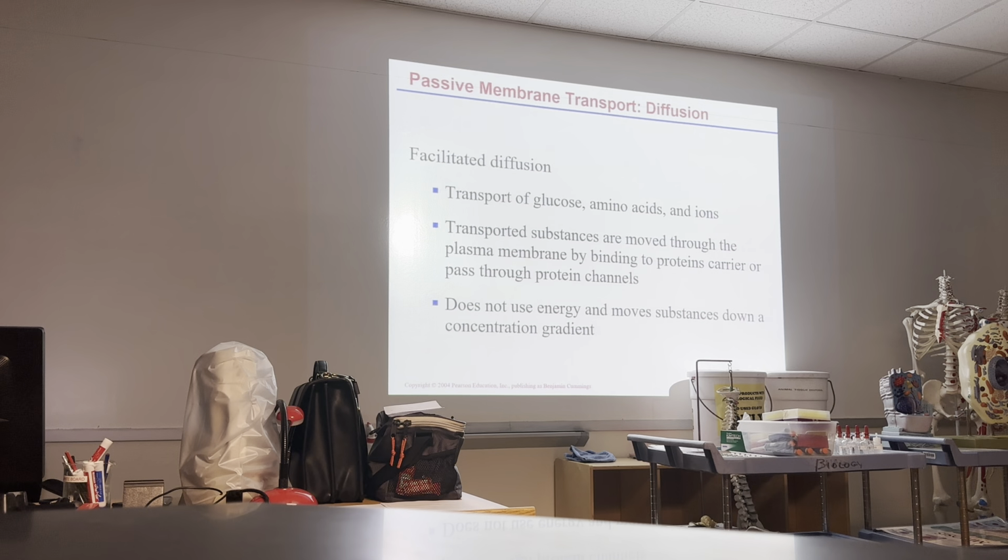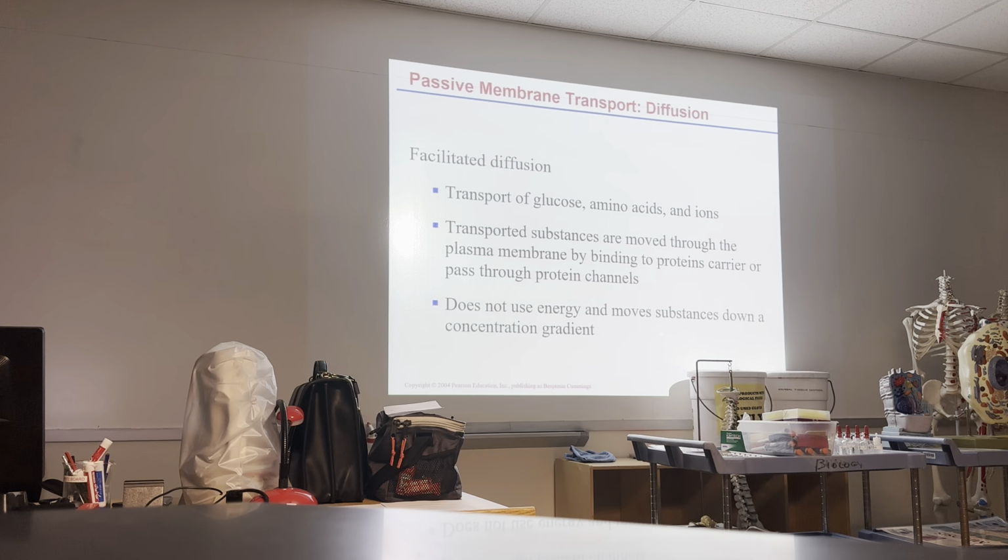So, read this for me, Carlos. Transport of glucose, amino acids, and ions. Transported substances are moved through the plasma membrane by binding to protein carriers or pass through protein channels. Does not use energy and moves substances down the concentration gradient. Look at that. Move substances down the concentration gradient.